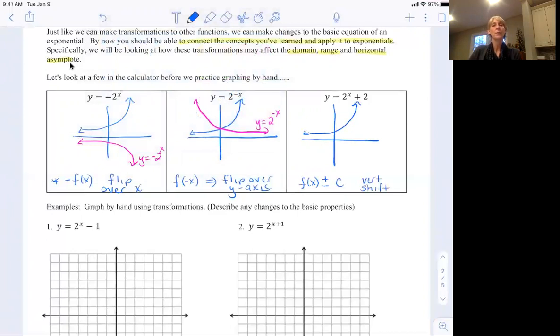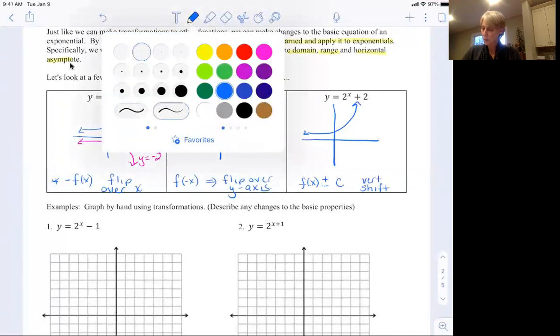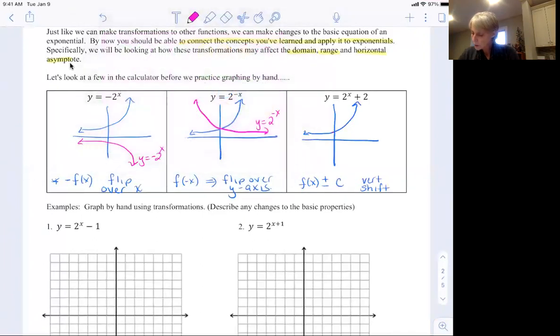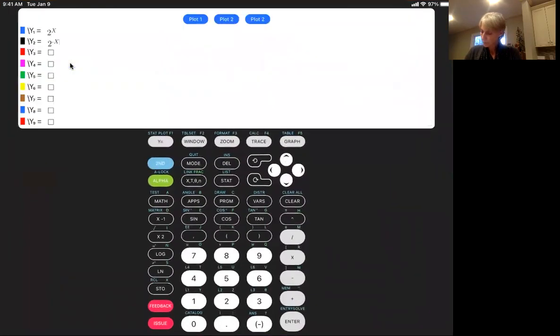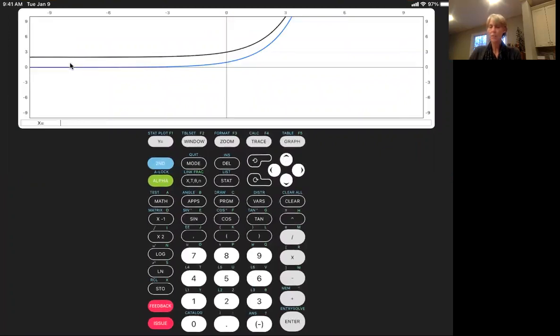So we're going to take this graph and shift it up 2 units. And it should look something like that. Again, these are very general sketches. Plus 2, I'm going to shift it up. And there's my original, and there's my shifted.